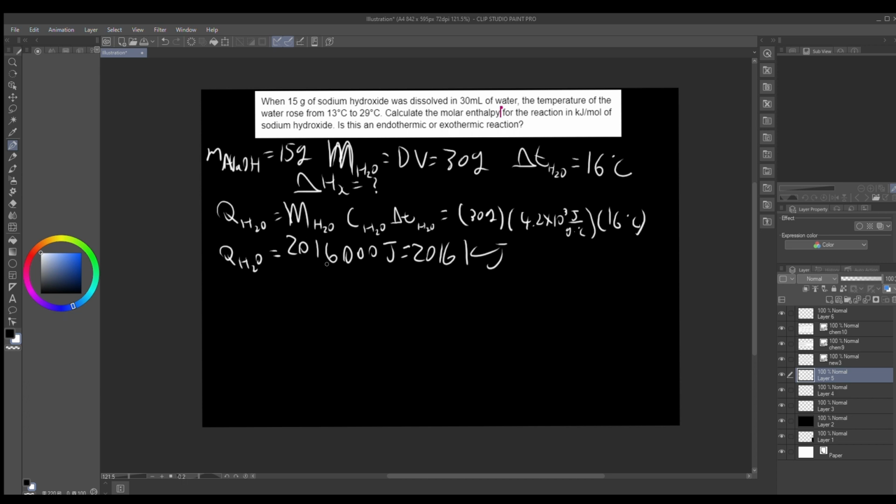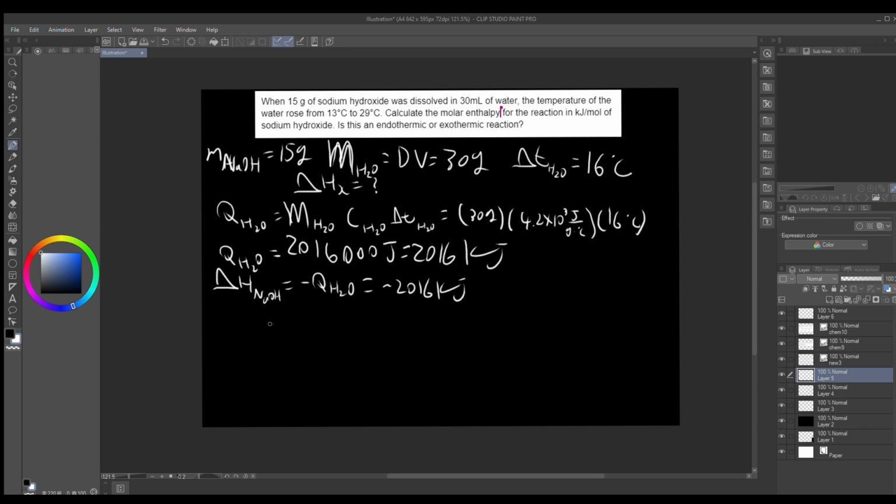Since the water is the surrounding and the NaOH is the inside, the enthalpy change of NaOH is going to be equal to negative Q of H2O. So the enthalpy change of NaOH will be negative 2,016 kilojoules.